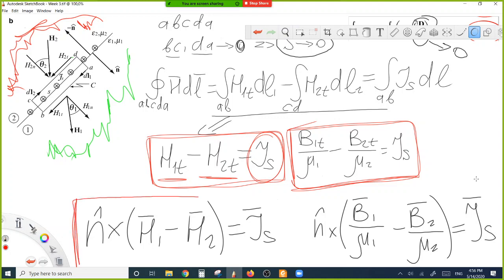These boundary conditions can also be used.